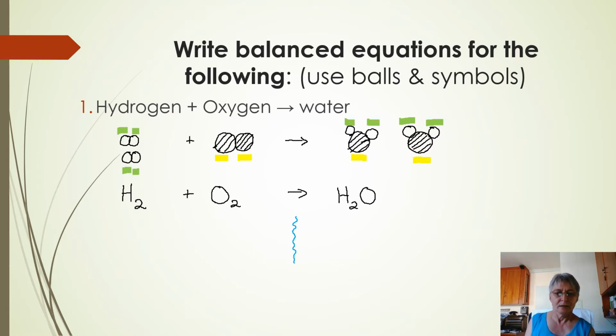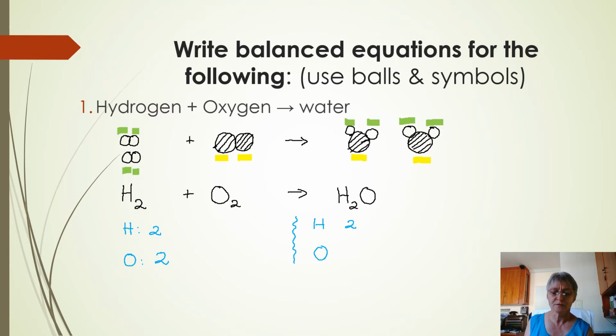So as it is, we've got hydrogen and oxygen on both sides of the arrow. And what I'll do initially is write down how many atoms of hydrogen I have next to the hydrogen, and how many atoms of oxygen we have next to the O for oxygen. On the other side of the arrow, I will do the same.